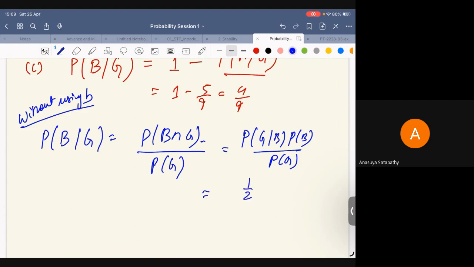This one will be 1 by 2, because selecting B is 1 by 2. What is the probability of getting a green ball from B? It was 2 by 5. 2 by 5, yes. And the total probability is 29 by 20, which you have already found out. Okay, like this. Did you understand?